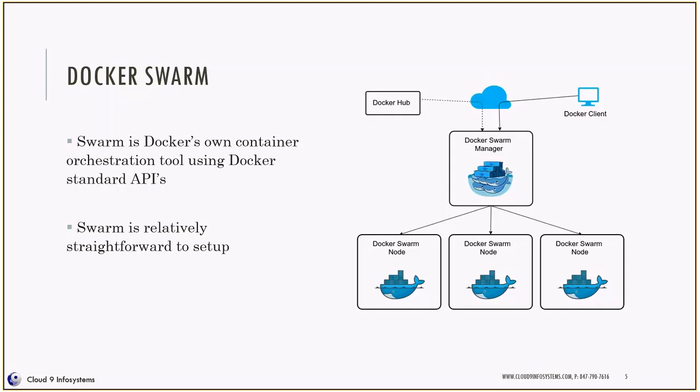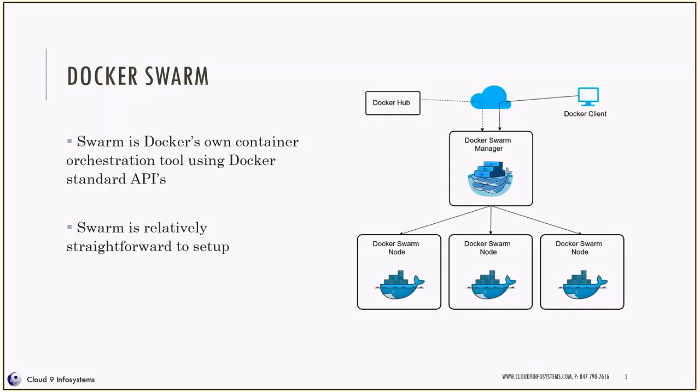Now, this is the brain of the whole operation. The Swarm manager orchestrates the deployment, the replication, and the availability across the Swarm nodes. The Docker client connects to the Swarm manager, which further orchestrates the nodes and makes it look like all of the nodes are running as a single host.